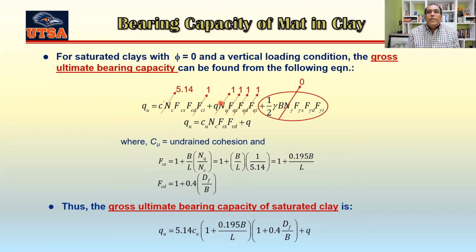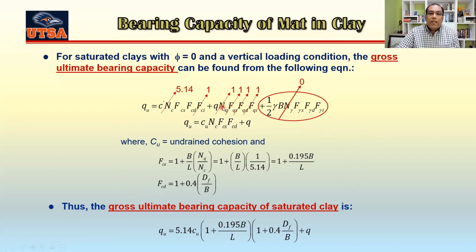So here you can see when phi equals 0, your Nc is equal to 5.14. A mat doesn't have any inclination force, so those inclination factors are 1, 1, and 1. But I didn't put them here because when phi equals 0, Nc is 5.14, Nq is 1 and N gamma equals 0. Since N gamma equals 0, this whole term would be 0.